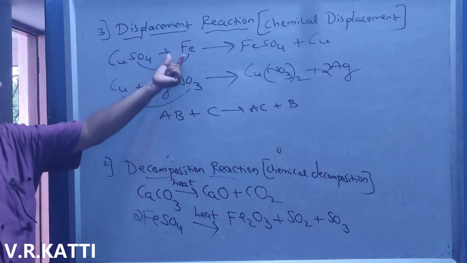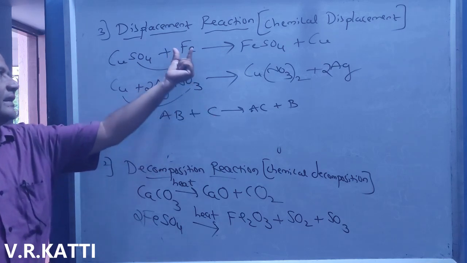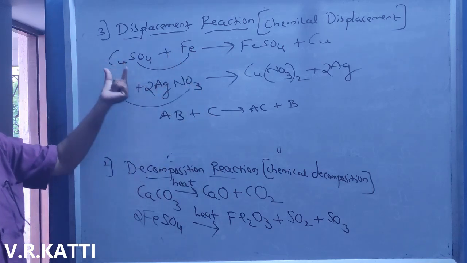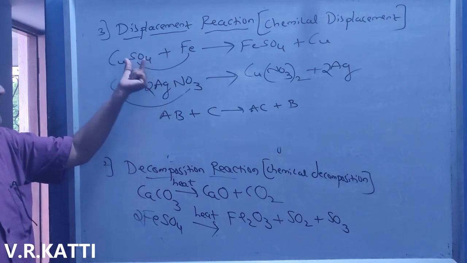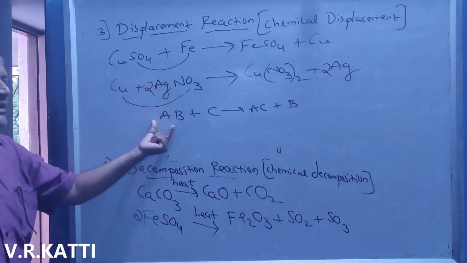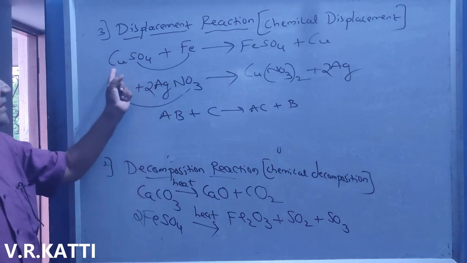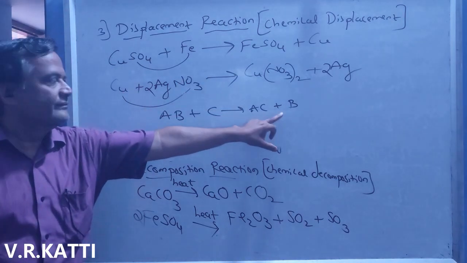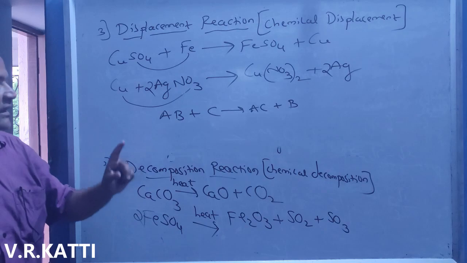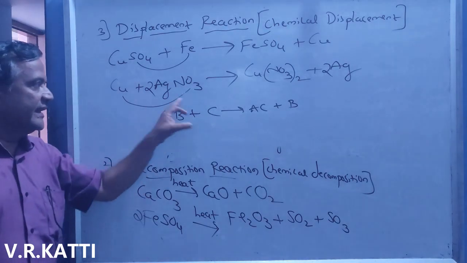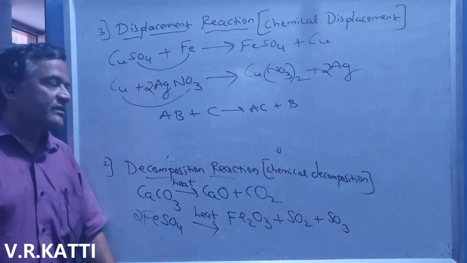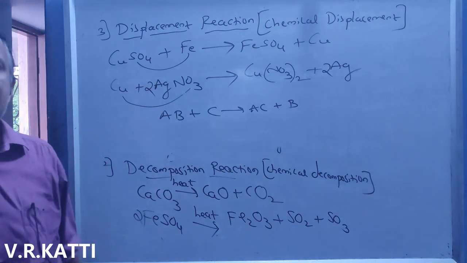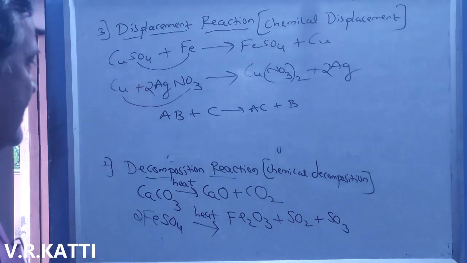So here Fe represents C, Cu is B, SO4 is A. So this is general form of displacement reaction.